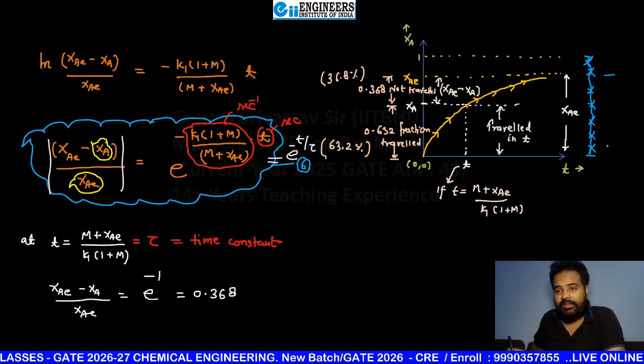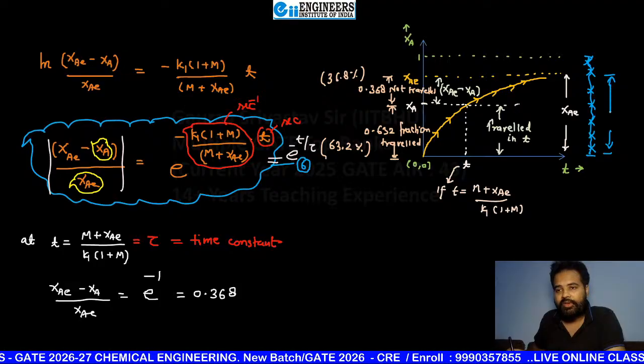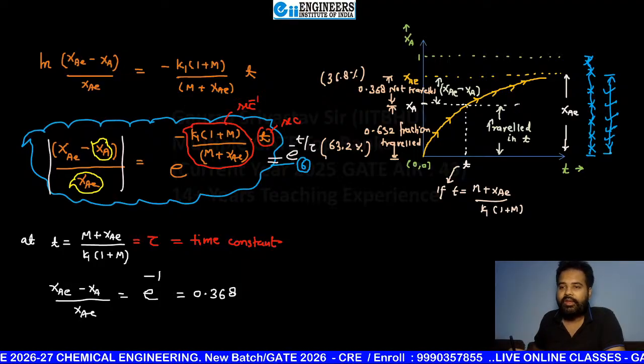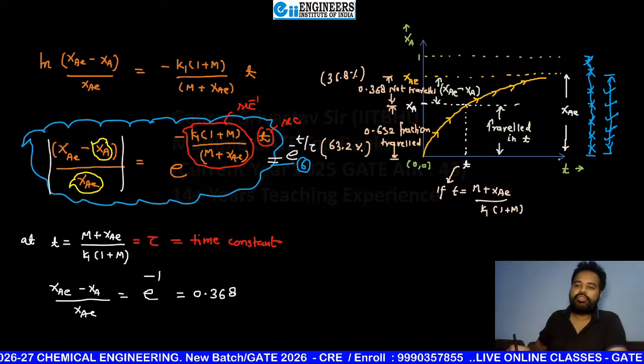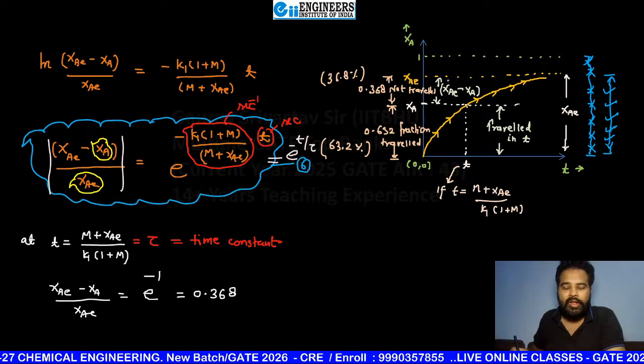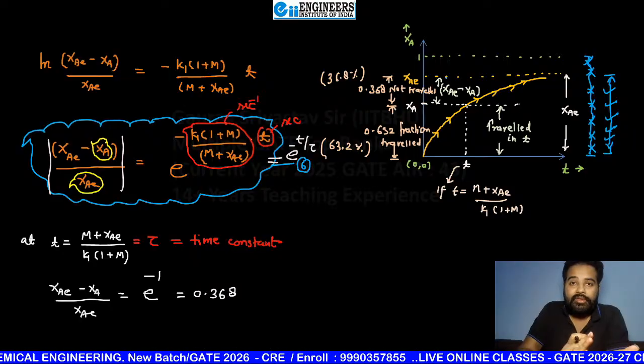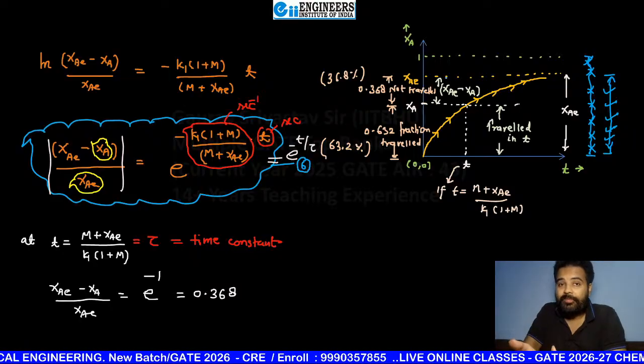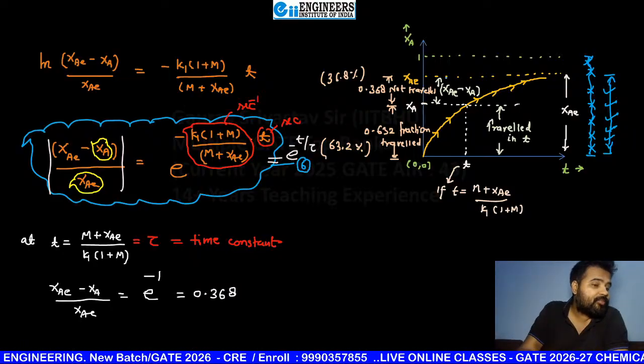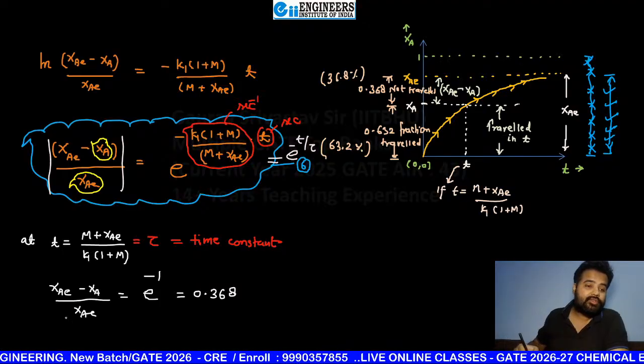The path that is completable from your side is only this one. You can do from just 0 to this XAE only. Or in terms of concentration, if we are dealing, then it's CA naught to CAE only. Are you getting my words, beta?